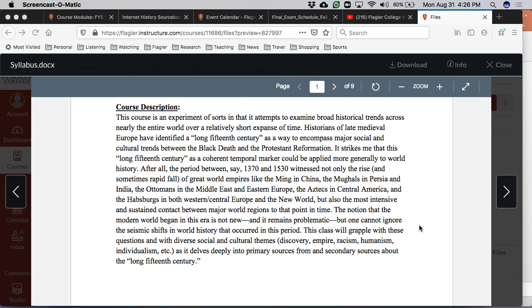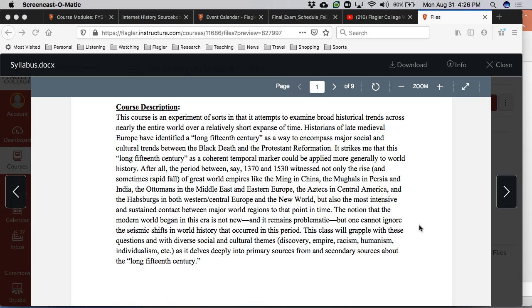After all, the period between, say, 1370 and 1530 witnessed not only the rise and sometimes the rapid fall of great world empires like the Ming in China and the Mongols in Persia and India, the Ottomans in the Middle East and Eastern Europe, the Aztecs in Central America, and the Habsburgs in both Western and Central Europe and the New World, but also the most intensive and sustained contact between major world regions to that point in time.